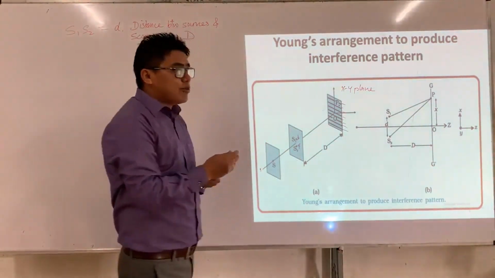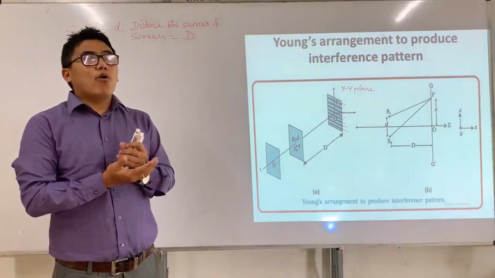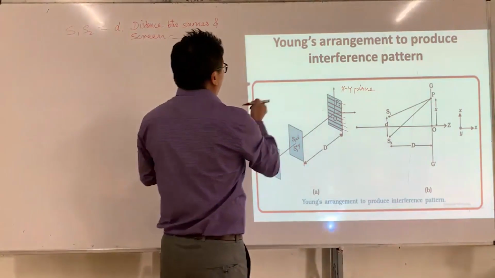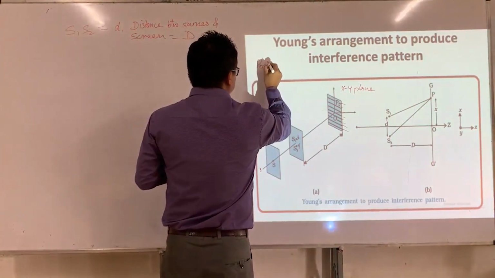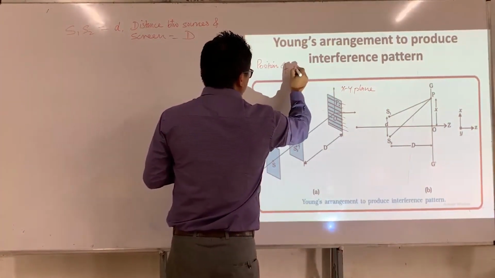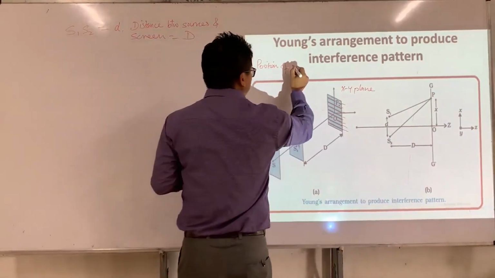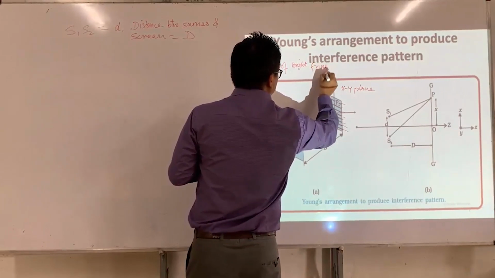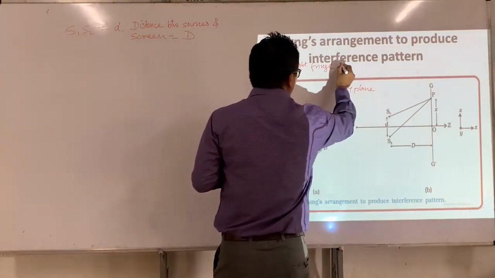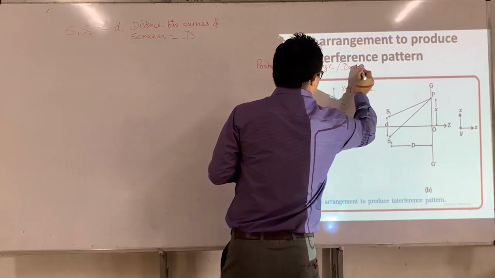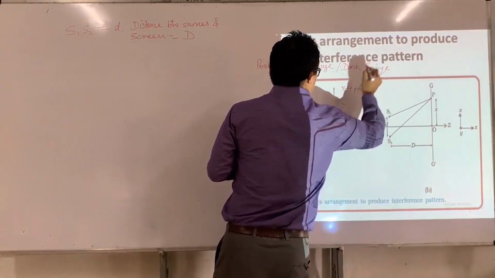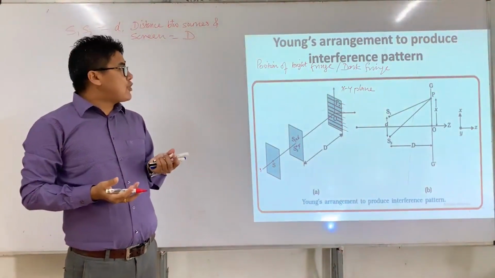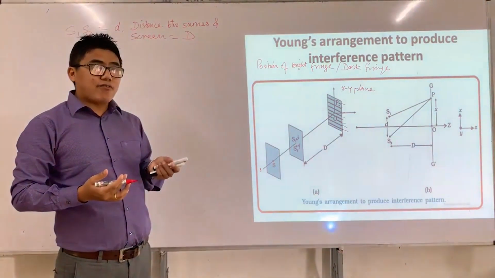So now what we are going to do is find out the positions of the bright fringe and the position of the dark fringe, or angular positions.